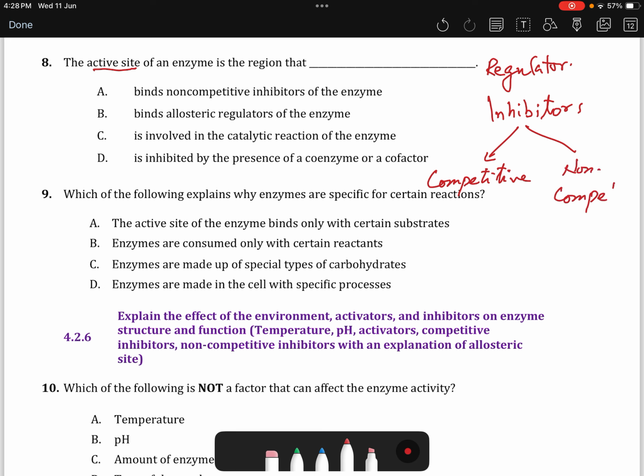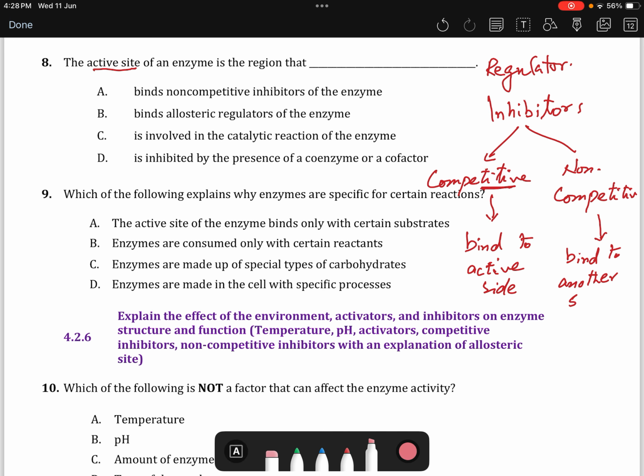Competitive inhibitors are those which bind to the active site. They compete with the substrate to bind to the active site. While the non-competitive inhibitors don't compete with the substrate, and they bind to another site. Sorry, this is not side, this is site.